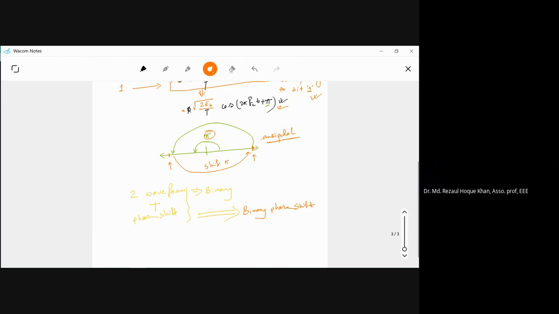This is how the name BPSK comes, so we shortly call it the BPSK scheme.